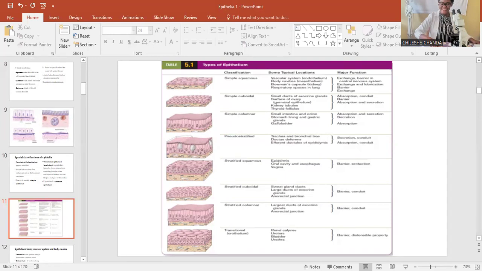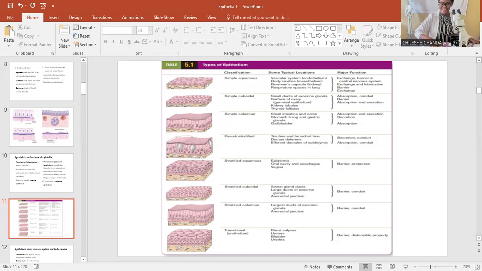The other example that I'm going to give you would be simple cuboidal epithelium. Simple cuboidal epithelium is usually found in areas where there is secretion. For example, the sweat glands, most glands actually will have simple cuboidal epithelium.